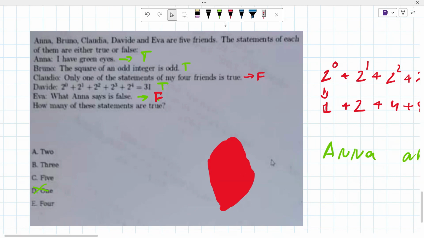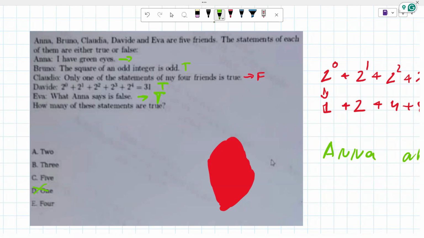But we can also do vice versa. Let's assume Eva is not lying, she's telling the truth. She says what Anna says is false.